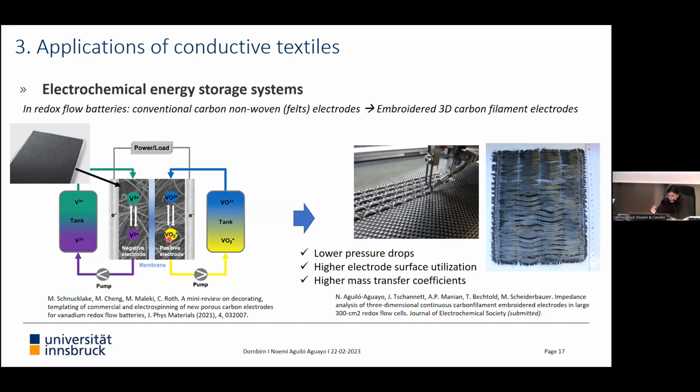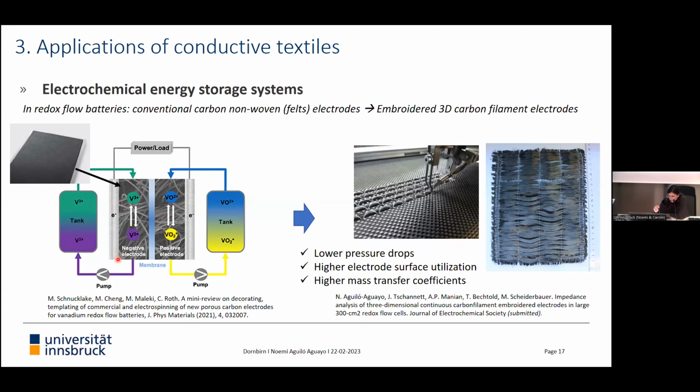And the thing is that these electrolyte solutions circulate through the electrodes. When we charge the battery, some reactions will occur inside these electrodes. The current will be transferred from the electrode to the solutions, and then there will be some oxidation and reduction of our electrolytes.